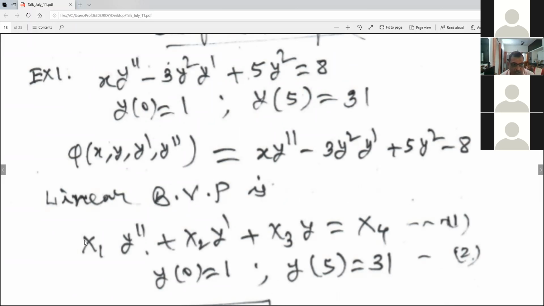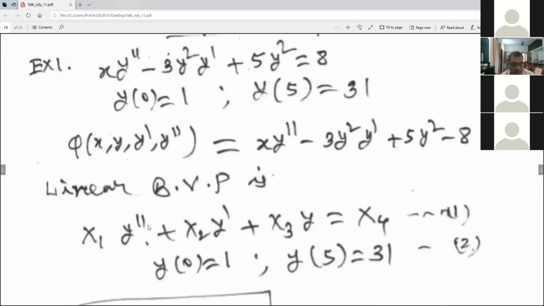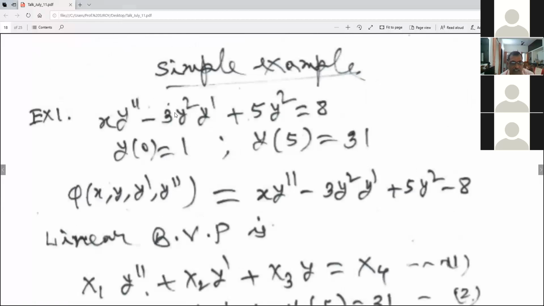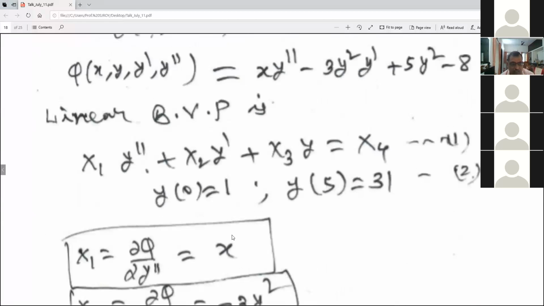Now what is x1? x1 is the derivative of φ with respect to y'', which is x. x2 is the derivative of φ with respect to y'. Derivative of φ with respect to y' here is minus y squared, that's all. Minus 3y squared.